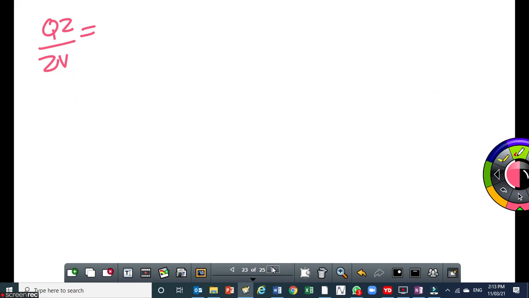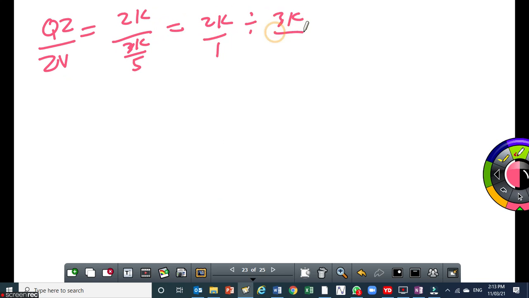So I can write here 2K over 3K over 5. And this will give me 2K over 1 divided by 3K over 5. If I simplify, I'll end up getting 2K over 1 times 5 over 3K.